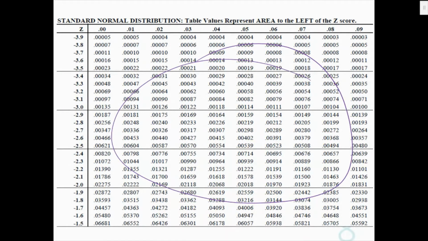So area 0.05, this is the closest to it, 0.05. This is a little bit less than, and this is way too more. So 0.05 is negative 1.6, and the second decimal is 5.